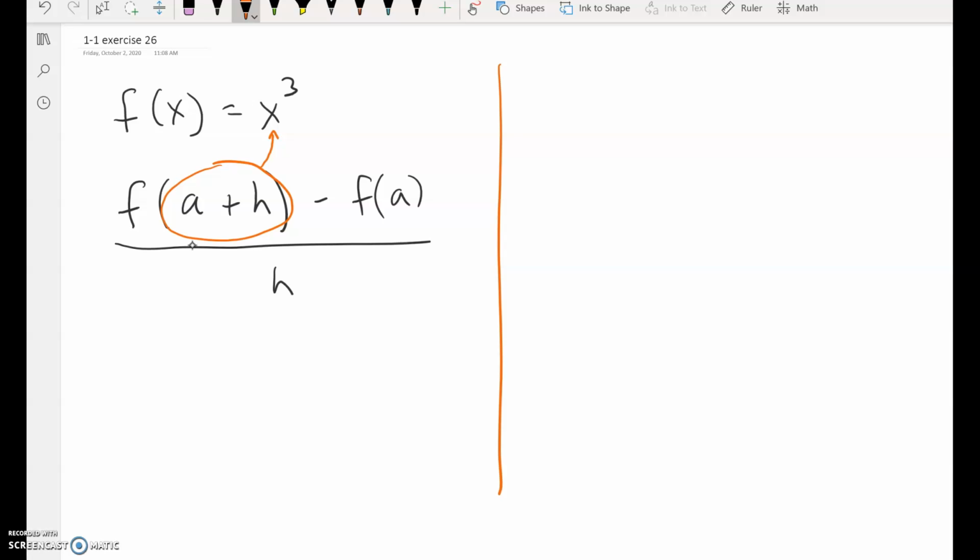So f of a plus h, let's just do that. Let's ignore everything else. Well, that equals a plus h cubed. Just replace the x with whatever's in parentheses. Now, normally when you do functions, you have, for example, f of 5 equals, and you replace your x cubed with a 5 cubed, and you have an actual number for an answer.